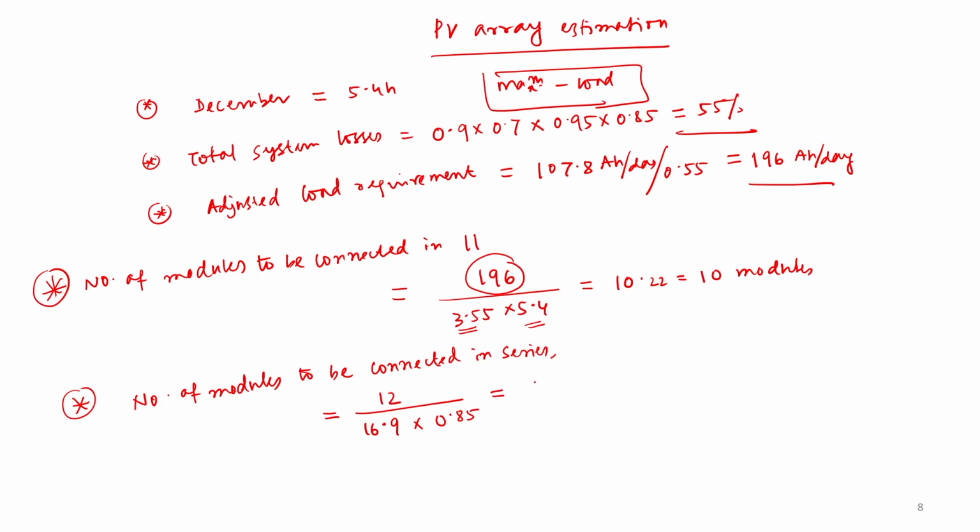So, this gives 0.84, which is equivalent to 1 in series. And you can verify our result as well. The total PV array will be 1 in series and 10 in parallel.